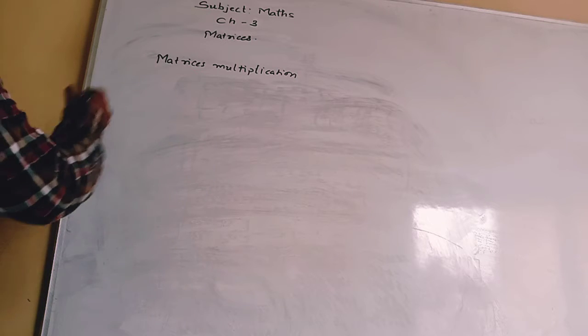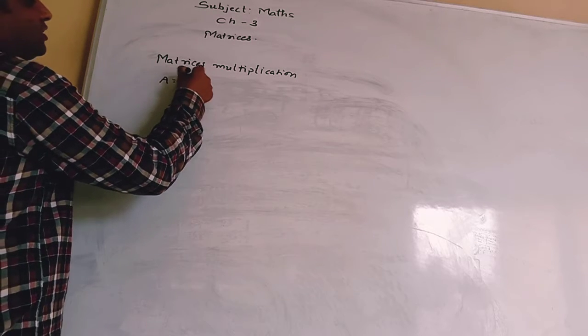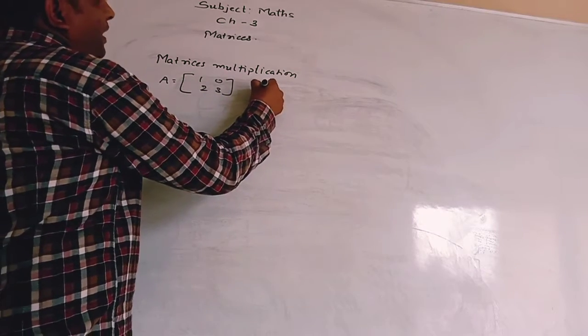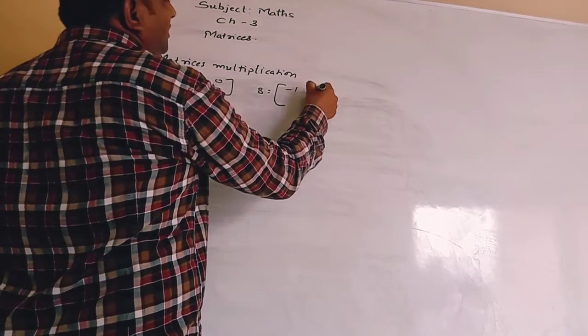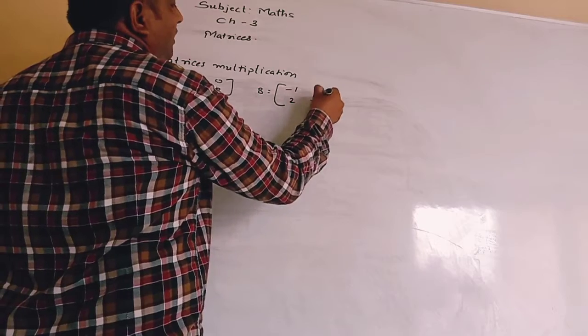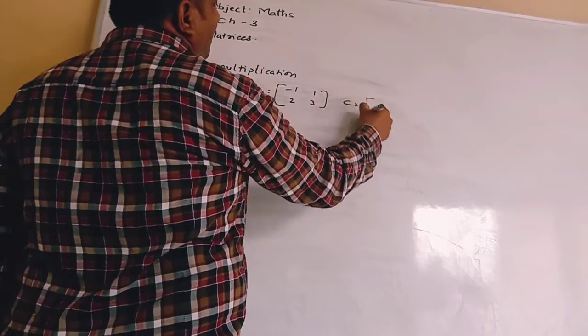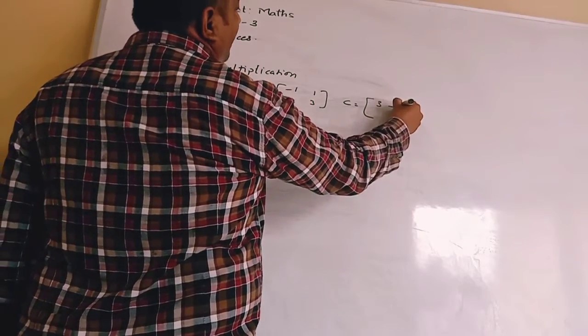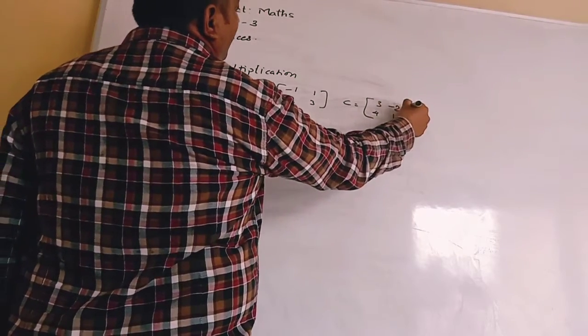Now let's see, for matrix A equals 1 0 2 3, B equals -1 1 2 3, C equals 3 -2 4 1.